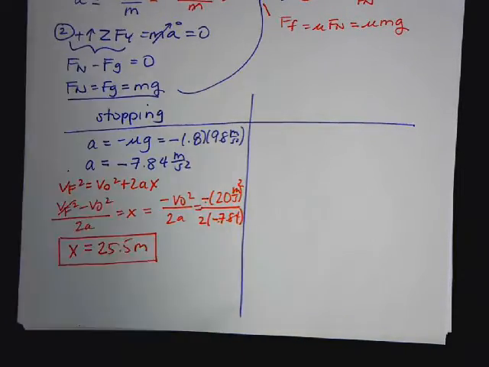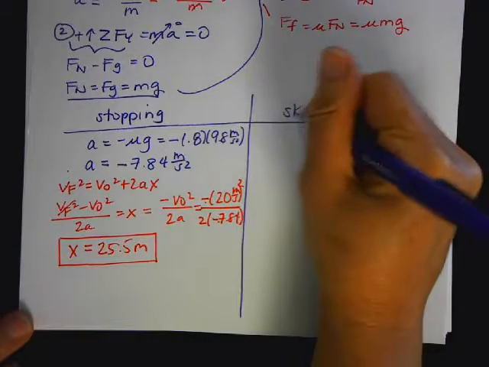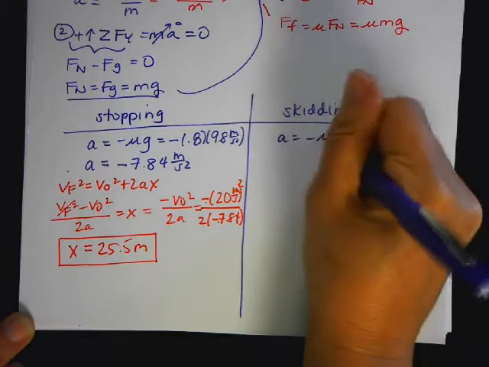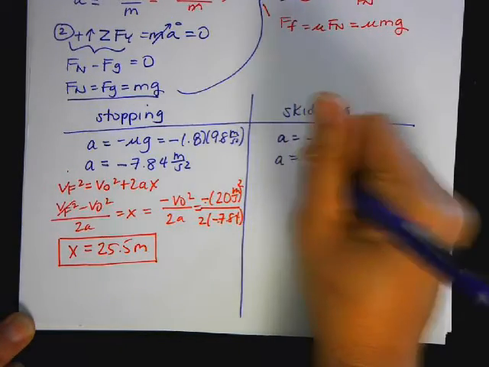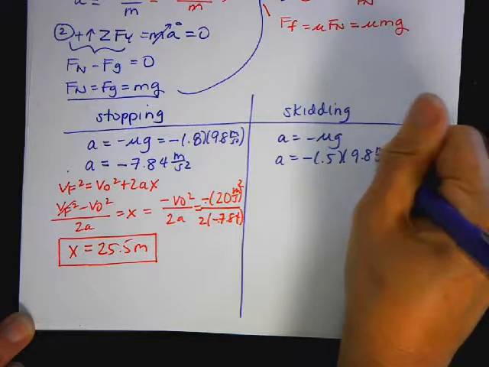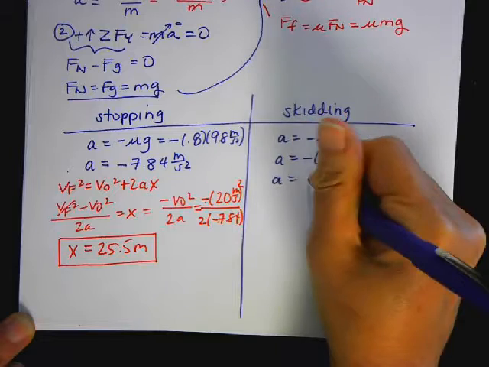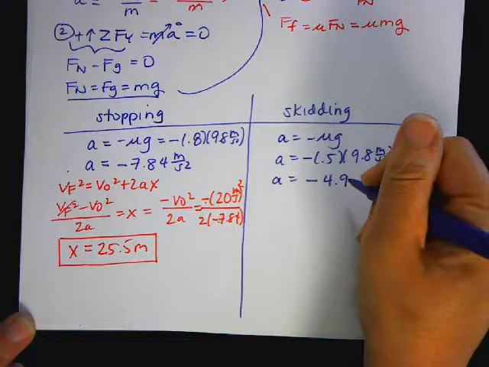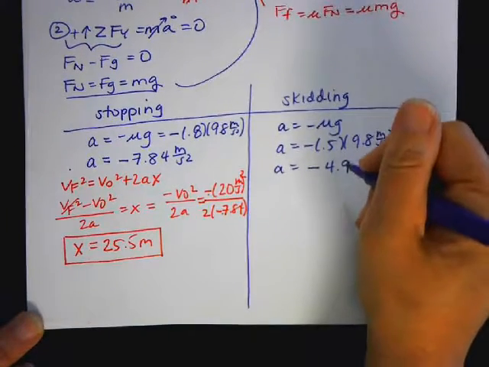Now I'm going to do the same thing with skidding. So with the skidding, A is equal to minus mu g. A is equal to minus 0.5 times 9.8 meters per second squared. So here the acceleration is negative 4.9. And again, because it's coming to a stop, the acceleration should always be negative.